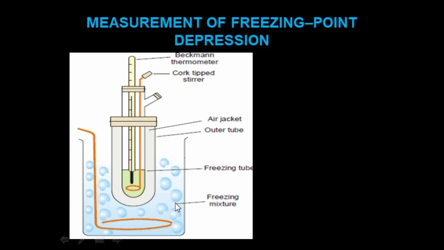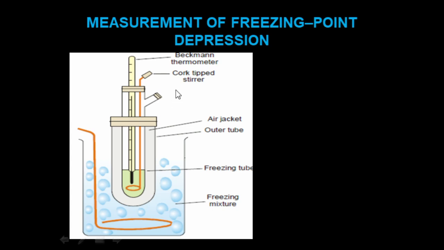That temperature is called the freezing point of the solvent. At that time we stir the solvent so that the latent heat present within the solvent is expelled. Its temperature remains the same after expelling all the latent heat, and that temperature is taken as the freezing point of the solvent. This procedure is repeated 2 to 3 times in order to get the same freezing point.